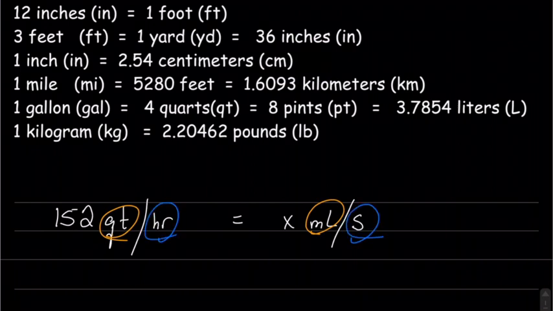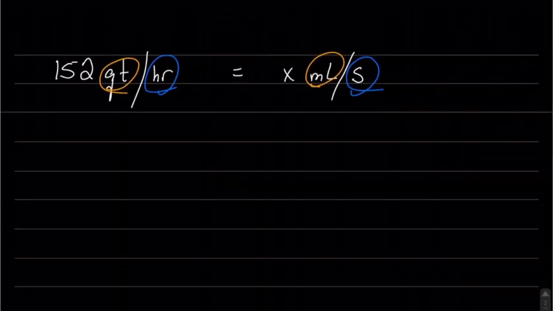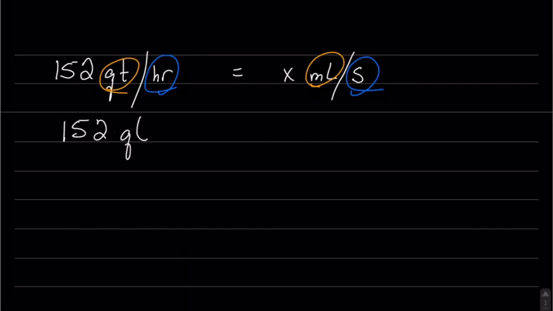to seconds. All right, so the first thing I would do is rewrite this to make it look a little bit easier. So I'm going to say I have 152 quarts per hour. And it's easier to do this with a number, so per 1 hour, right? 152 is the same as 152 over 1.